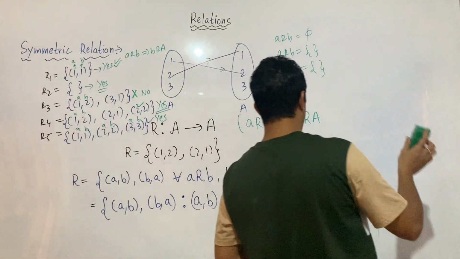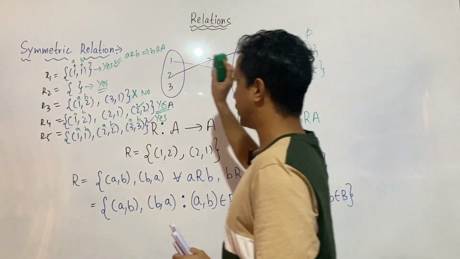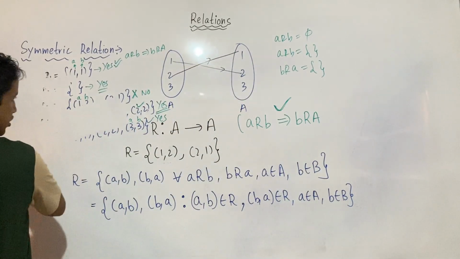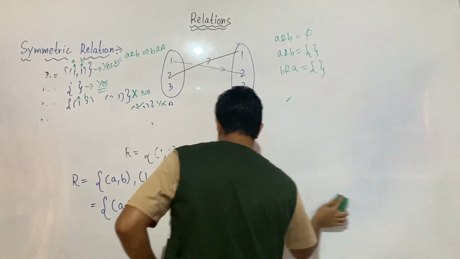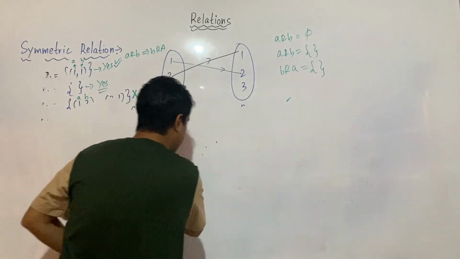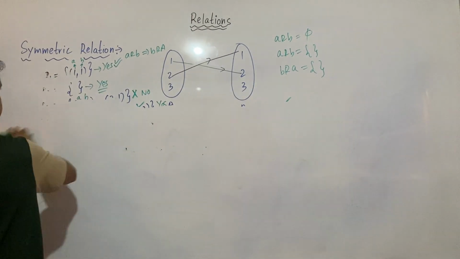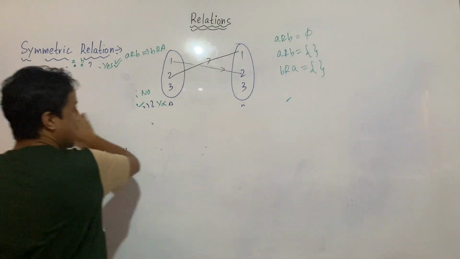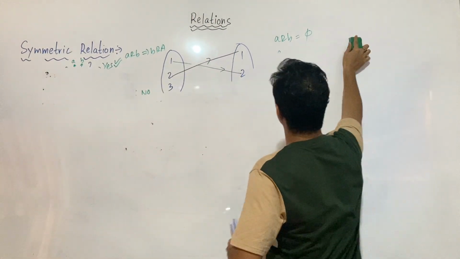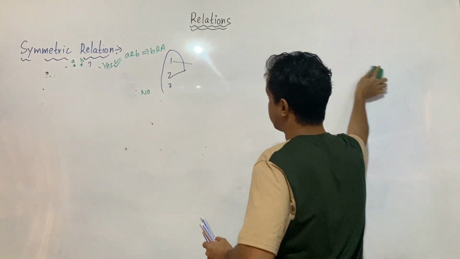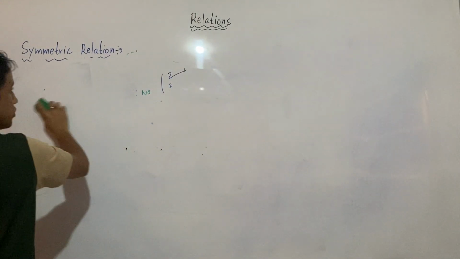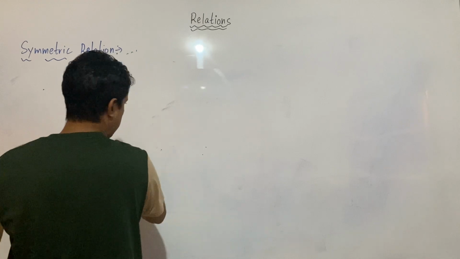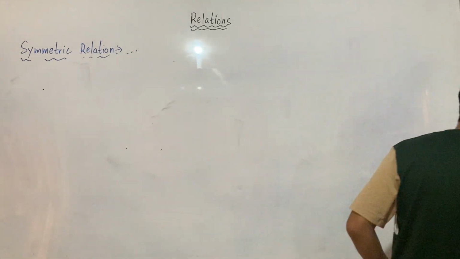Okay, there is one more thing. How many symmetric relations? Number of symmetric relations that can be there on the given set, or how many symmetric relations can you make? Okay, so just write it down.